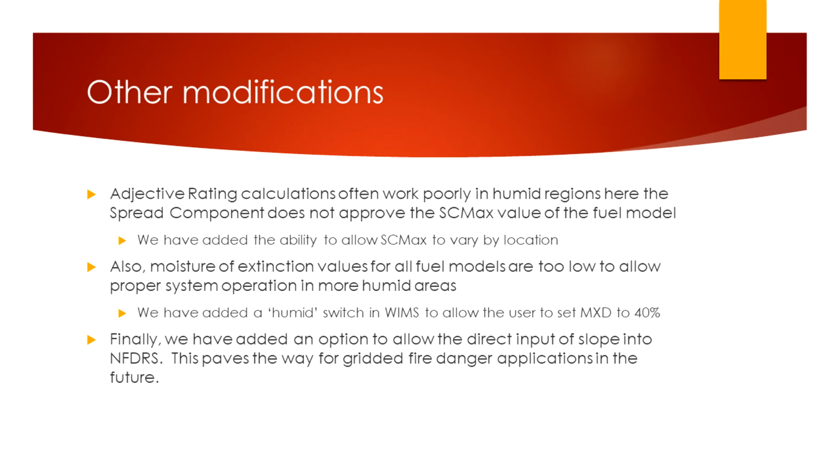Also, moisture extinction for the same reason. So one of the things that Bergen did in the 88 system is change the moisture extinction from whatever it was in the 78 model to 40%. And we carried that over to just a flag called humid. And all a humid flag does is reset the moisture extinction that's defined in the fuel model, which you can see right here.